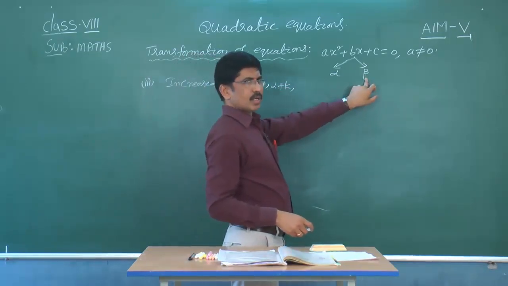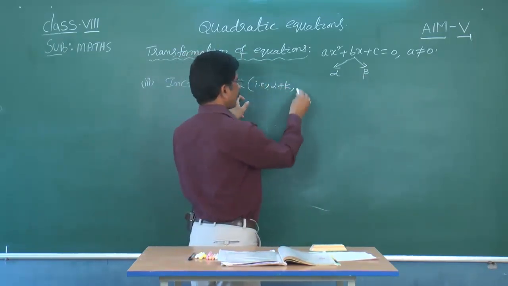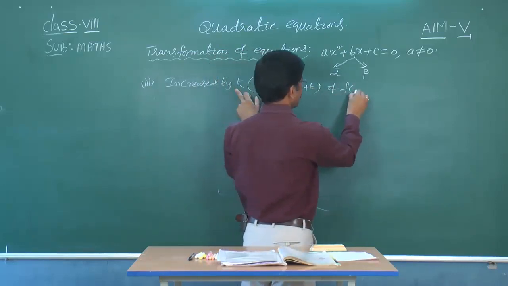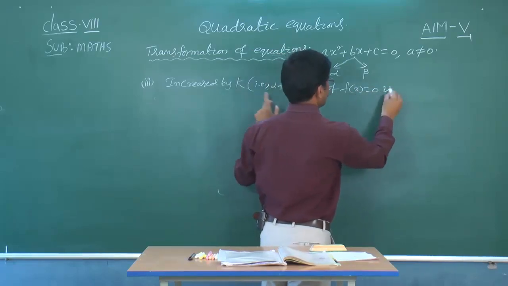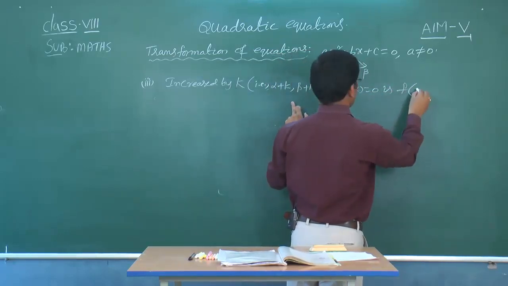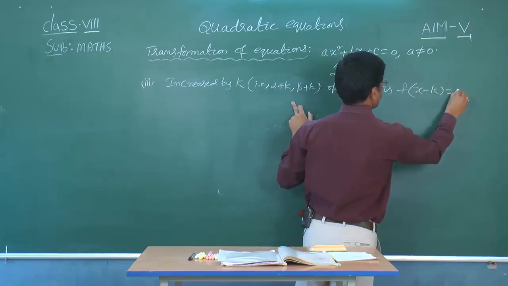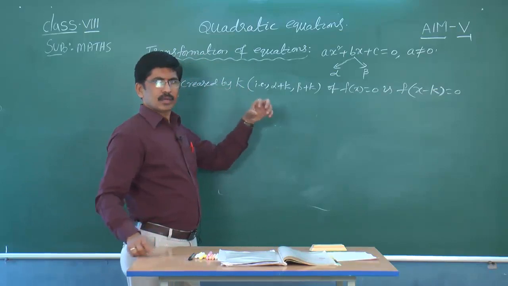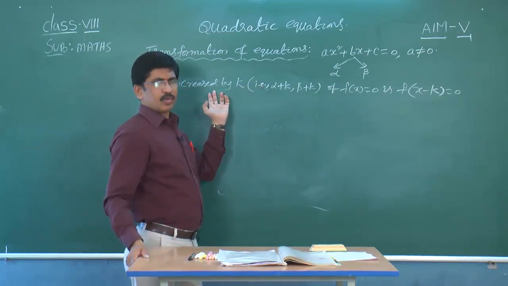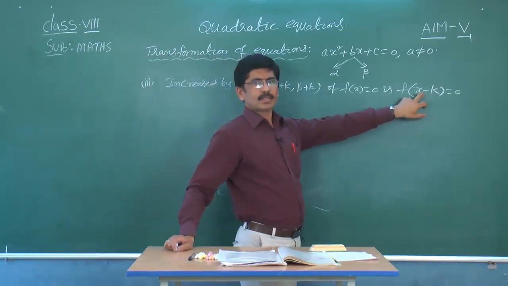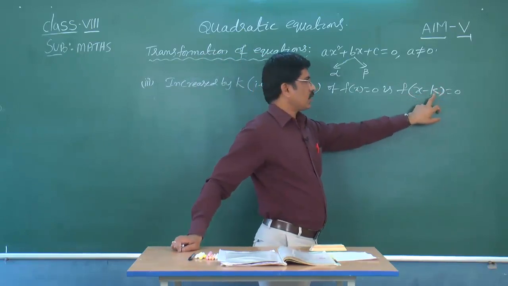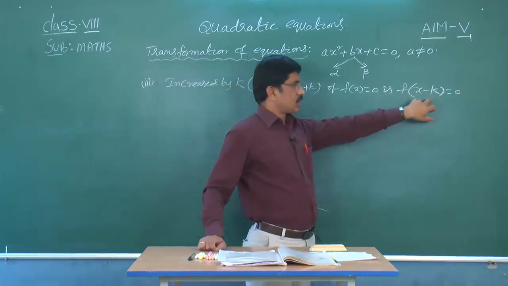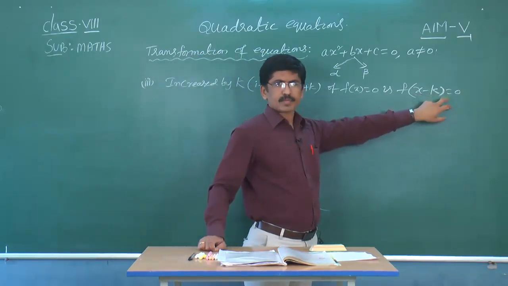The second root is beta, increased by k, that is beta plus k. Of f of x equal to 0, the required equation is f of x minus k is equal to 0. For roots increased by plus k, we take x minus k in the required equation.